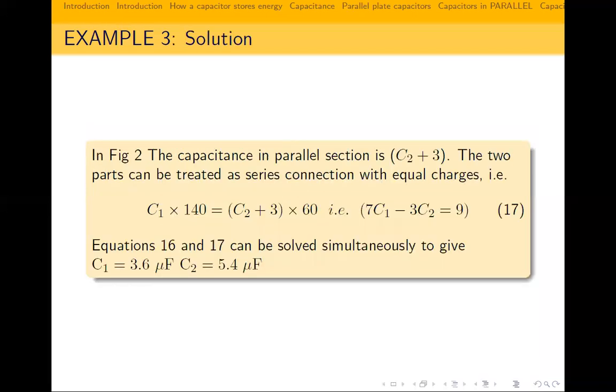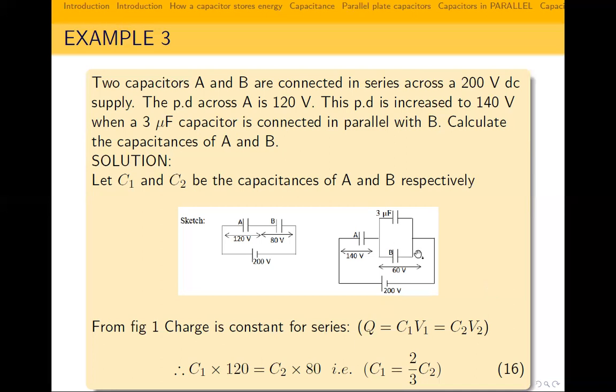Then you proceed. In figure number 2, the capacitance in the parallel section is C2 plus 3. Let me go back and see that. You see this figure here, these two capacitors are in parallel.